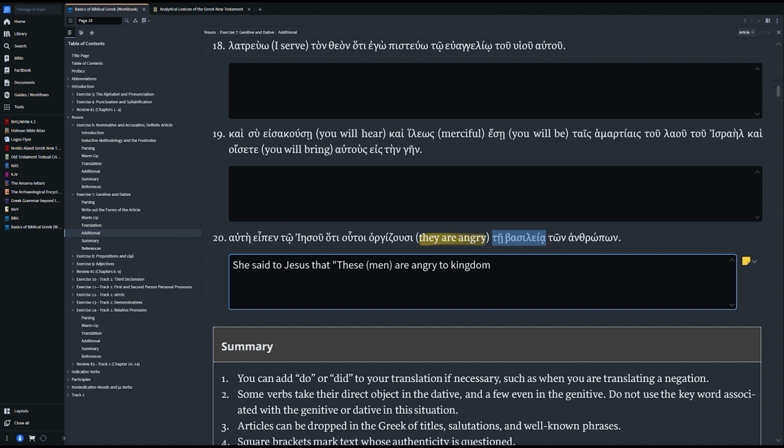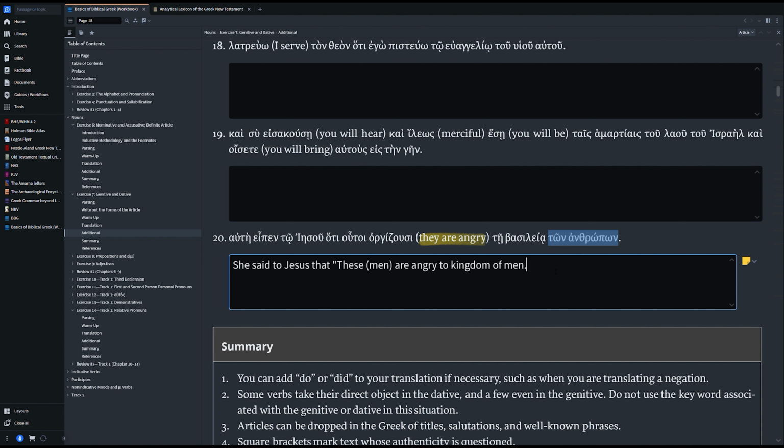And then we're going to write, look at ton anthropon. Anthropon is a masculine word. So we look at the case endings, and we have omega ni, and that is a plural, and it's a genitive. So genitive means of, and this means men. So of men.